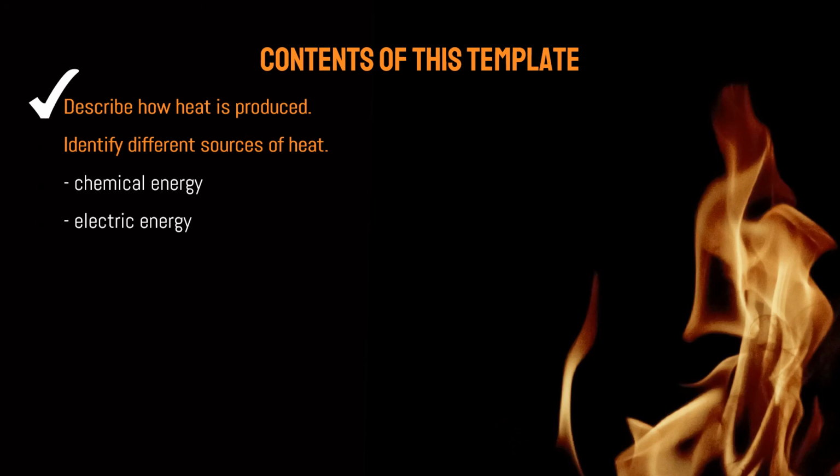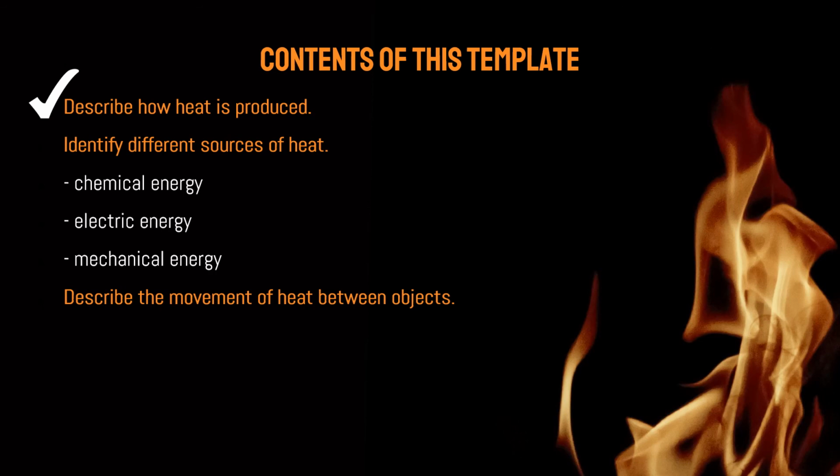Electric energy, when things or machines use electricity to produce heat energy, such as microwaves, electric stoves, electric heaters. Mechanical energy, when we rub things against one another. Heat passes from a hot body to a cold body.